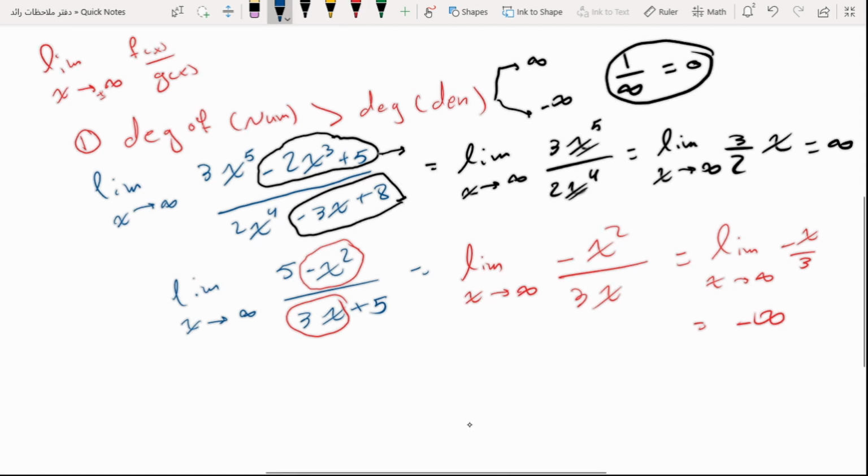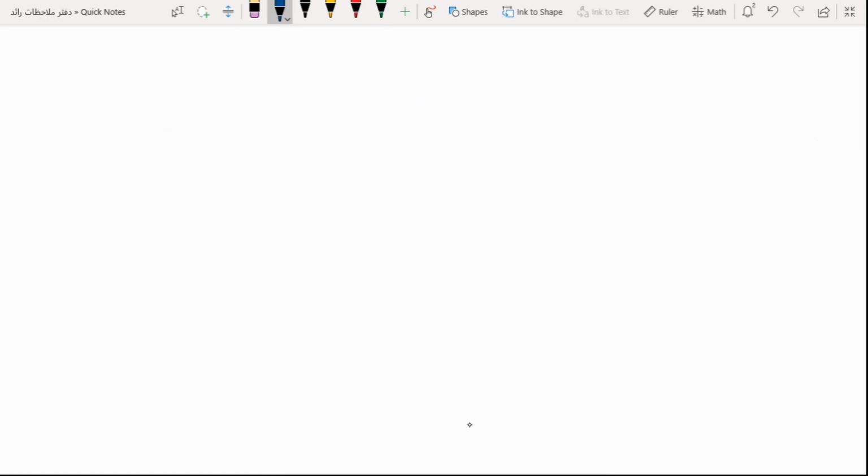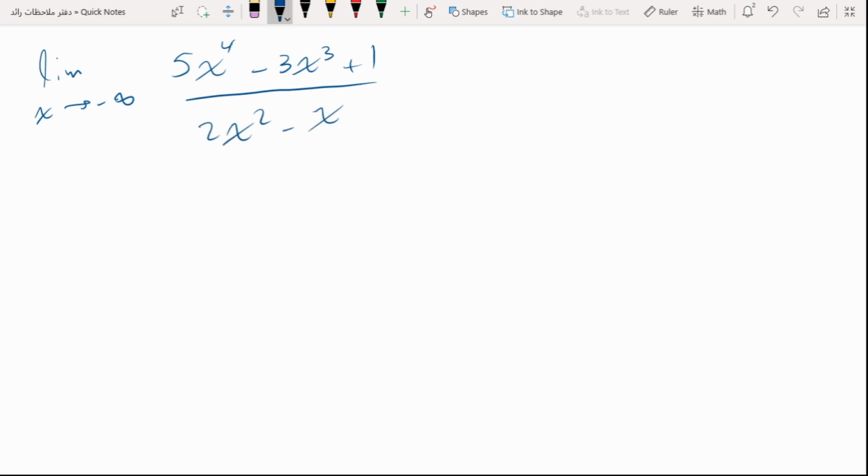For an example لو اجينا حكينا limit as x approaches to negative infinity ل 5x to the power of 4 negative 3x to the power of 3 plus 1 over 2x to the power of 2 negative x plus 8. الآن جينا حكينا leading coefficients وال highest degree x approaches to negative infinity ل 5x to the power of 4 over 2x to the power of 2.